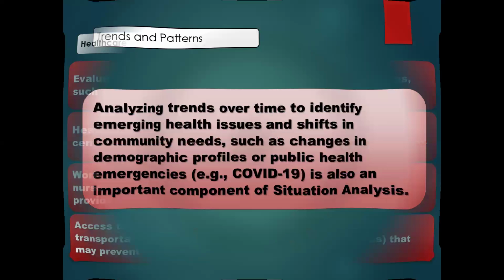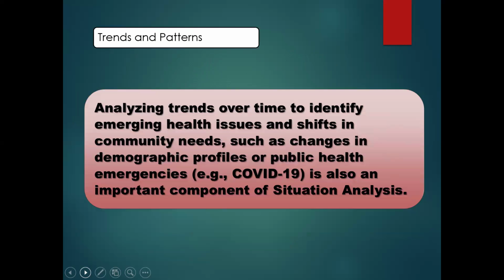Then trends and patterns. From that information you collect from the hospital, from community profile, you'll be able to say, these people are prone to diarrhea, usually in January. Then you do your seasonal calendar. From the seasonal calendar, you find out, these people are prone to flooding because they live by the riverbank.